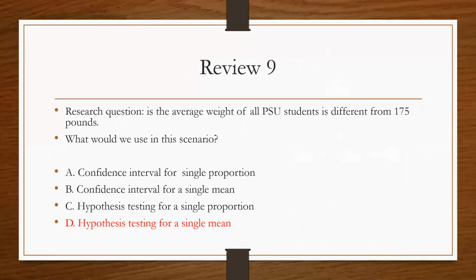Besides the chart. Do you mean picking between confidence interval and hypothesis testing, or between which parameter? Because for parameters you just have to look at what it's asking for. Basically you just have to break it down into what it's asking for.